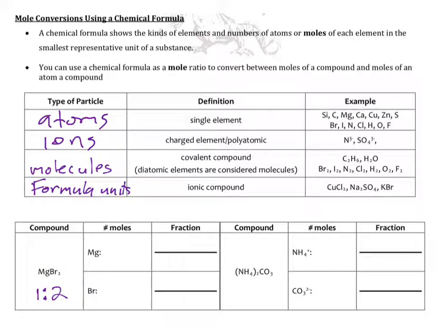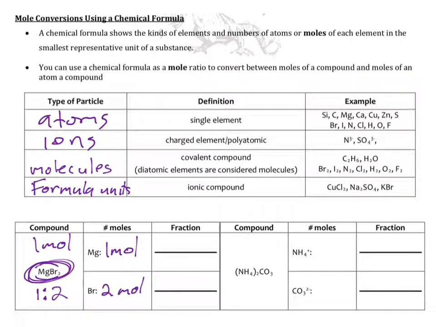If we have 1 mole of that, we would have 1 mole of magnesium and 2 moles of bromine, because again, for every one of these, there's 2 bromines. So if we had 1 mole of this, we would have 2 moles of bromine.